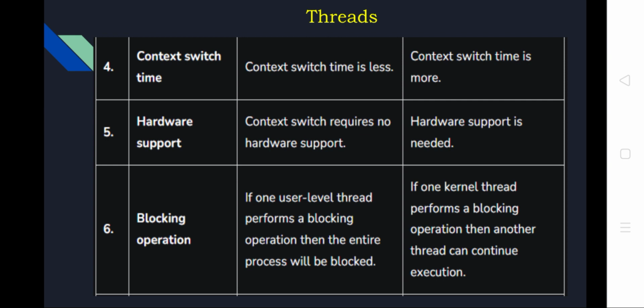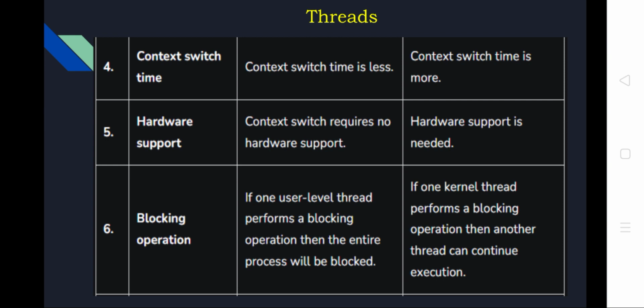Even if one user level thread is blocked, the whole process is blocked. Whereas in the case of kernel level threads, if one thread performs a blocking operation, then another thread can continue the execution. That means it never cares about any block in any of the kernel threads, because the system has its own way of doing the operation by the kernel threads.